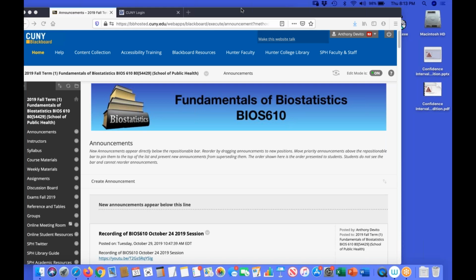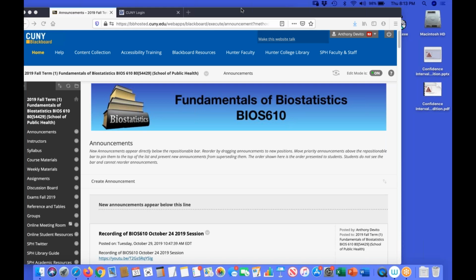And in fact, there's a T-distribution for every sample size. As we get to a larger and larger sample size, the T-distribution for that sample size looks more and more like the normal distribution, like the Z distribution or the Z table.